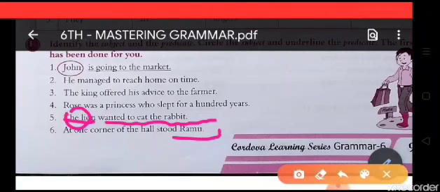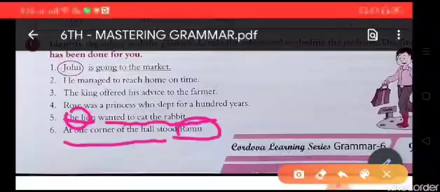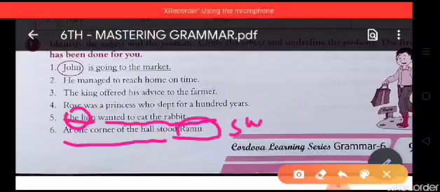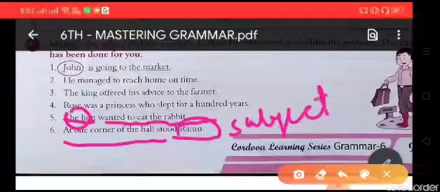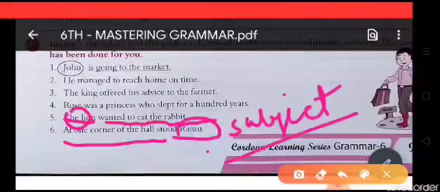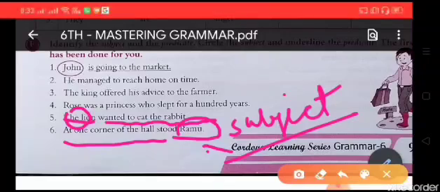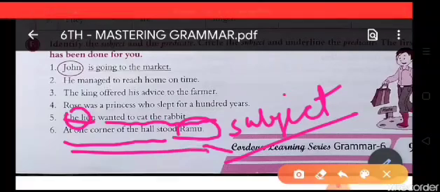Ramu is a subject and at one corner of the hall is a predicate. Who stood? Ramu stood. So it is called the subject. So the sentence is talking about Ramu. Now here you can see the subject is given at the end of the sentence. It is a very perfect example of this.